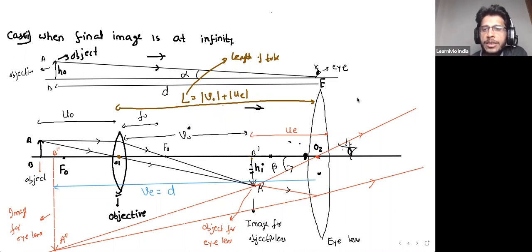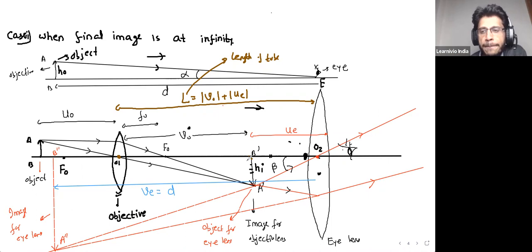Your final image is produced by this eye lens. So can you tell me when your eye lens will produce an image at infinity? What should be the position of this object?